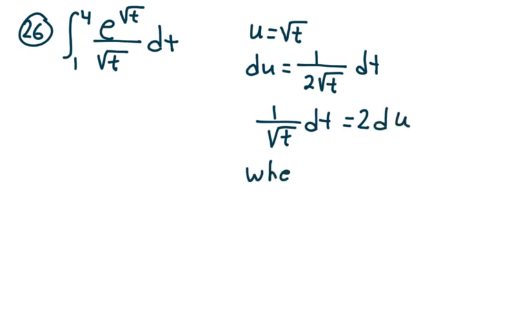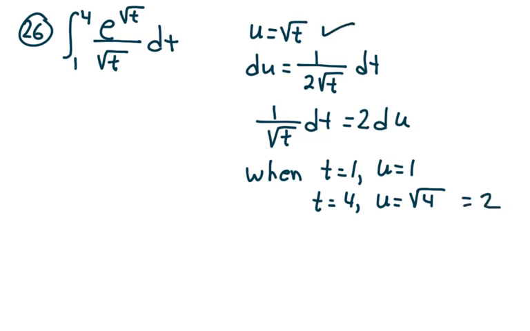Now, when t is 1, u is 1. When t is 4, u is the square root of 4. So you see I'm plugging it in up here, which is equal to 2. And so this is the integral from 1 to 2 of 2e to the u du.